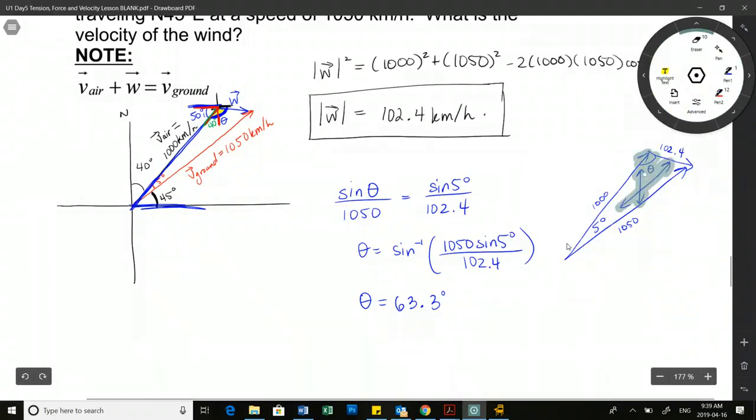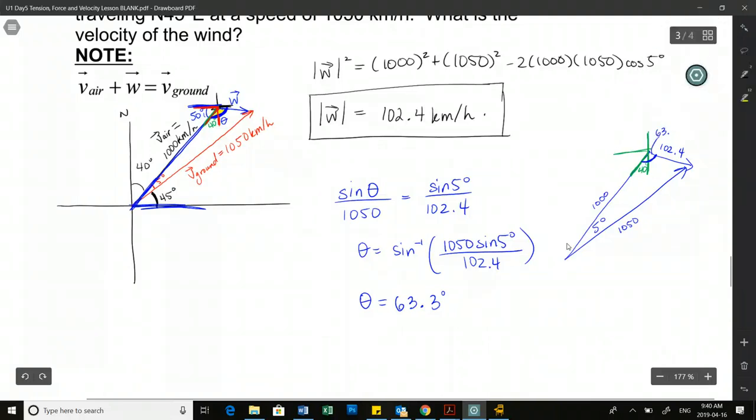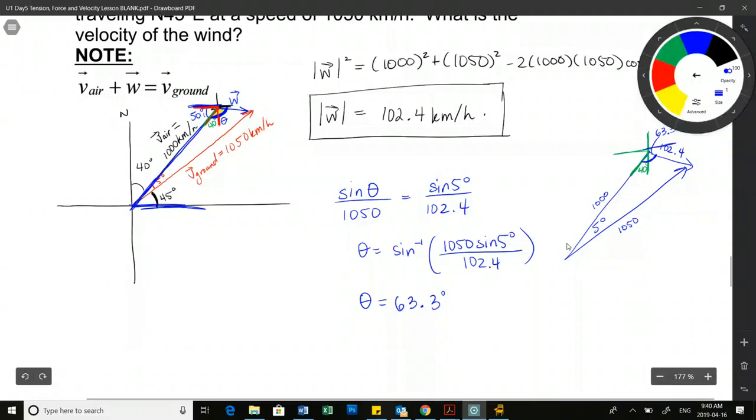So if I just erase in here so we can see, I know this little piece is 40, and I know this whole thing now is 63.3. So if I wanted to show this in quadrant bearing, south something east, how could I say that? Mark? Okay, so I would want this little red slice inside here, and I would want to be saying south toward the east.